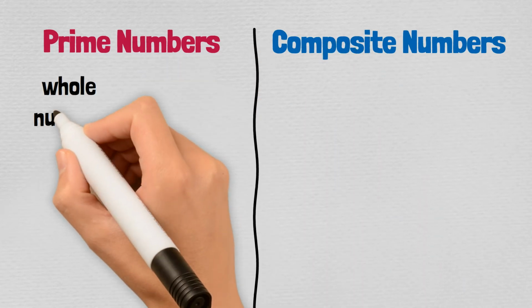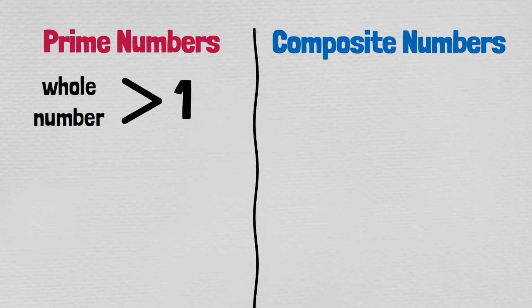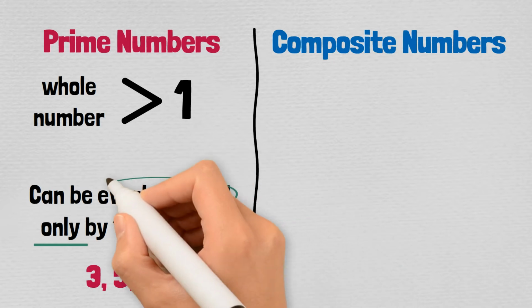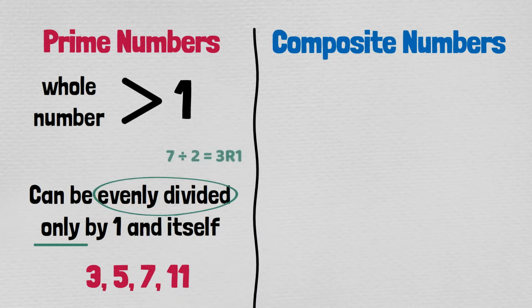A prime number is any number greater than 1 that can be evenly divided only by 1 and itself. For example, 3, 5, 7, and 11 are all prime numbers. When we say can be evenly divided, we mean divided without any remainder.